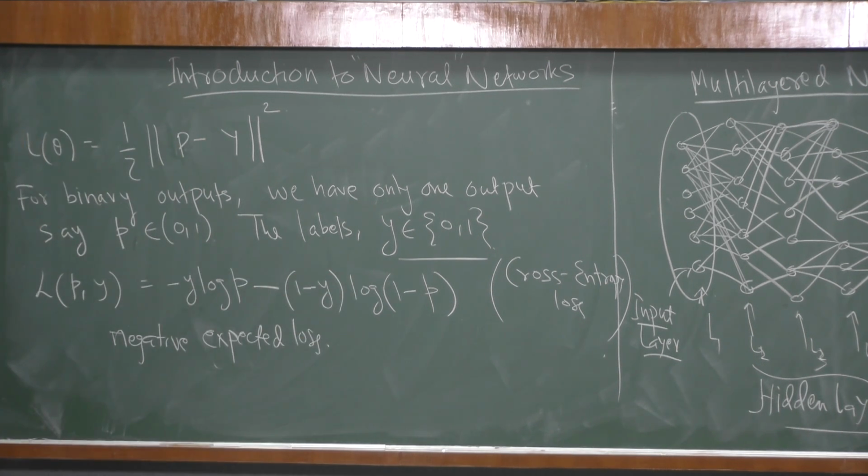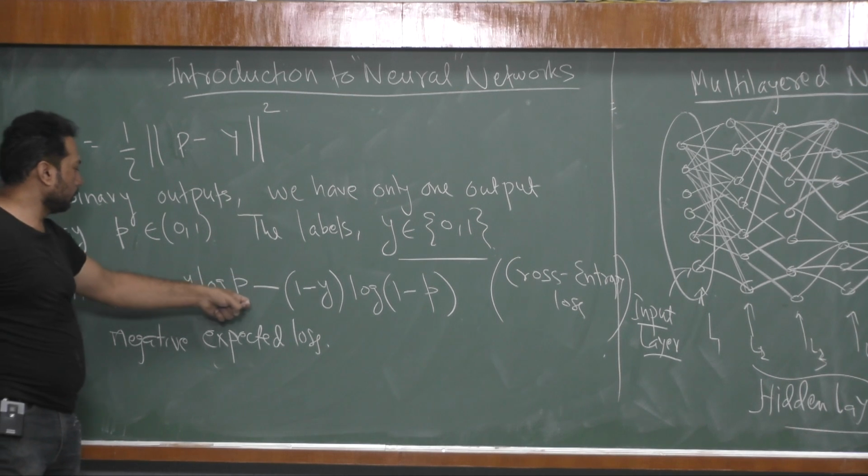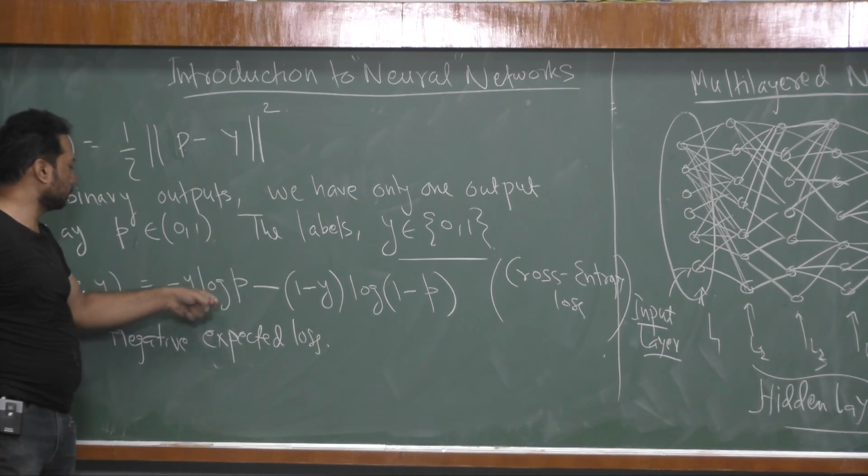So it works for both 1 and 0, and it intuitively makes sense that if my prediction is good, if y is 1 and my prediction p is close to 1, then overall the loss is close to 0.